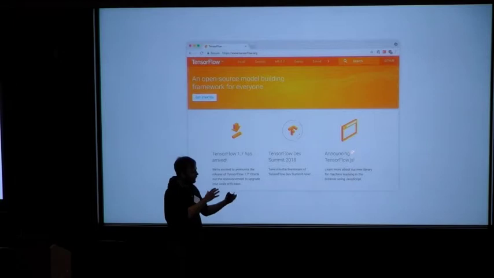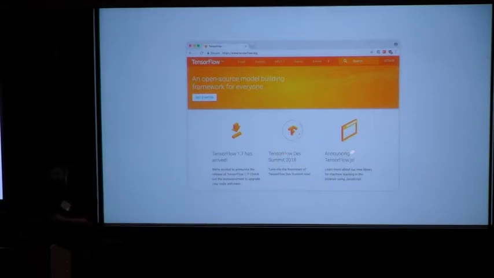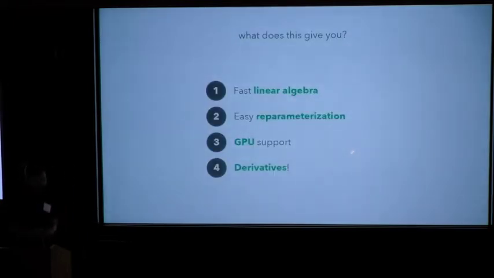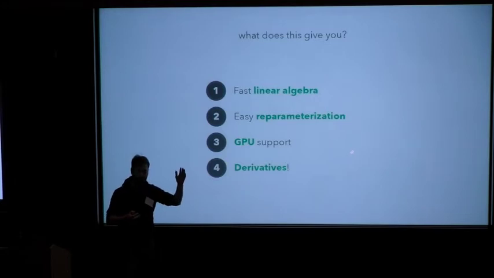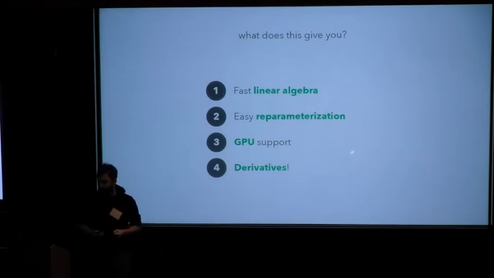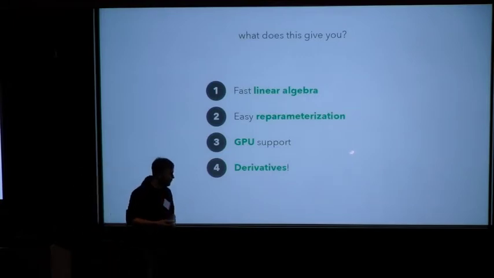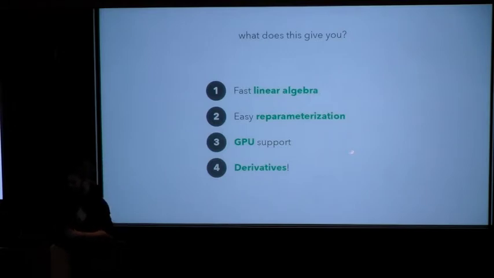And so all of the technology that's built into TensorFlow can be used by us to build our models as well. And some of the things that you get if you use a library like that is you get fast linear algebra. That's specifically what it was designed to do. You can easily change parameterizations and things like that. It has built-in support for GPUs. And most important for my talk, it also gives you access to the derivatives of your objective function with respect to the parameters.